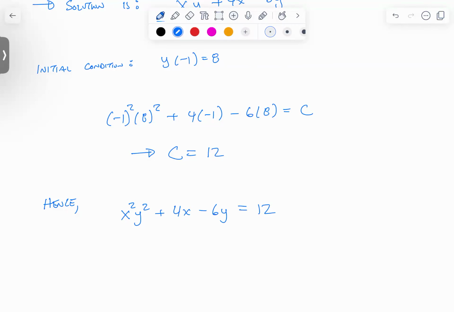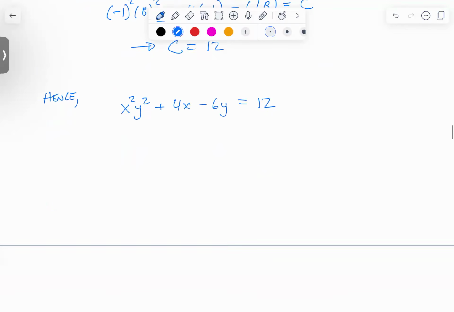Now this problem, unlike the previous one, said find the interval of validity. Once again, in order to find the interval of validity, what do we have to do? Solve for y. Solve explicitly. This is going to be easier than the one with sines and cosines and exponents. Okay, this is still not my favorite, solving for y.